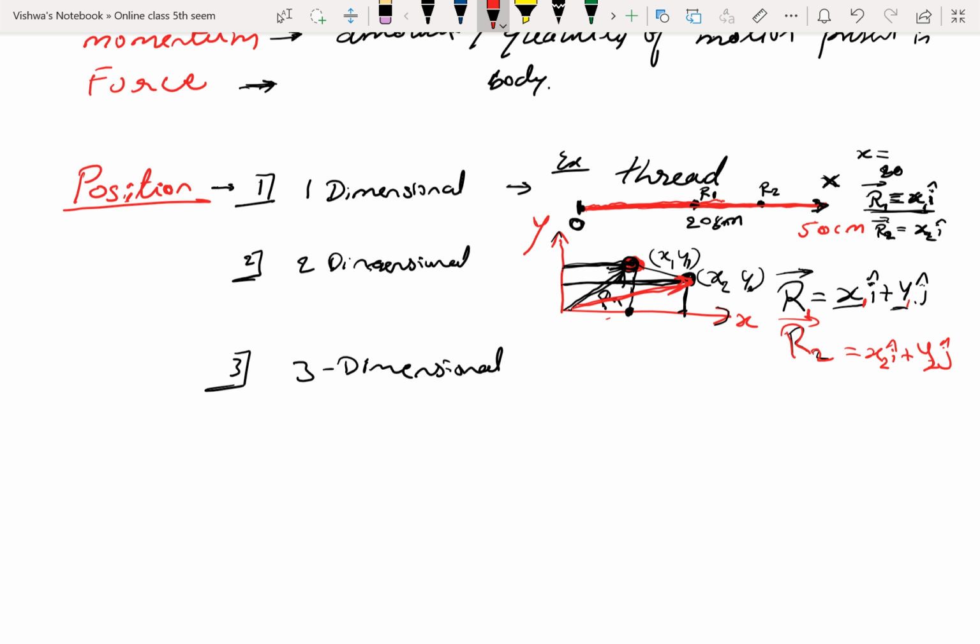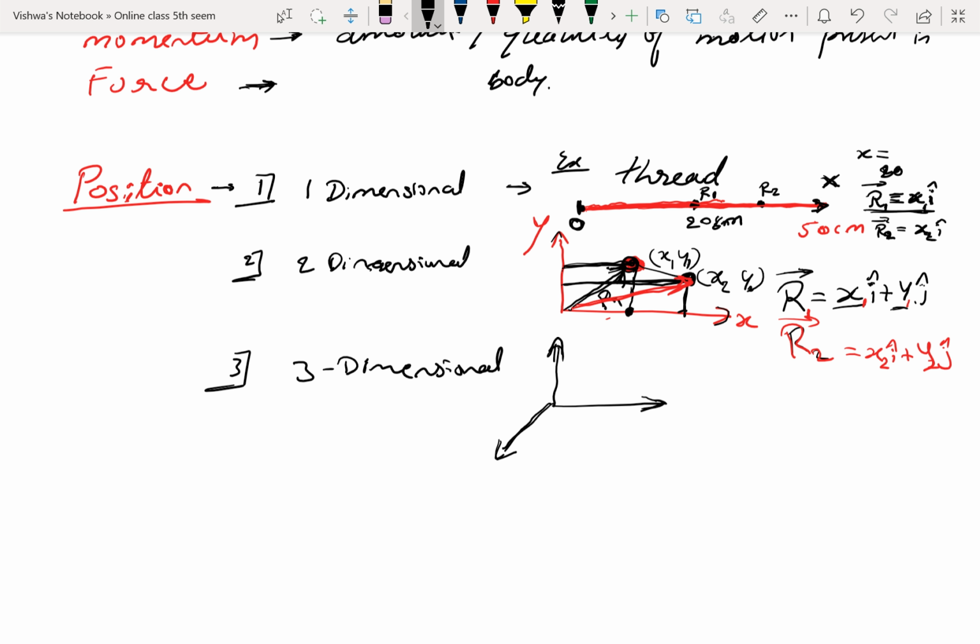Next, three-dimensional motion. Three-dimensional motion means three lengths are used to measure the positions. That simply we call x, y, z axis. Now a bird is flying in a room.